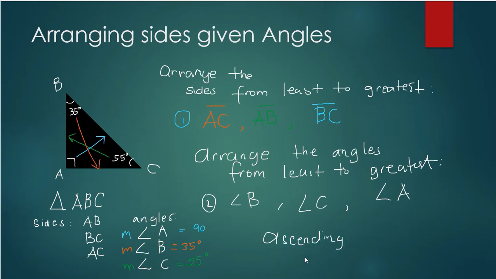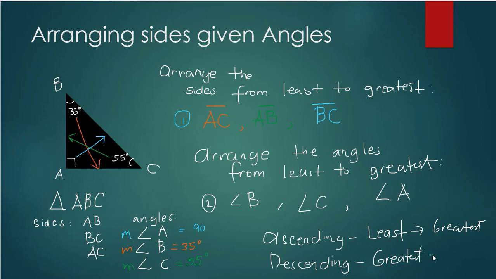What do these words mean? When you say ascending, the value is starting from the lowest value, going to your greatest value. And when we say descending, it starts from your greatest, going to your least value.